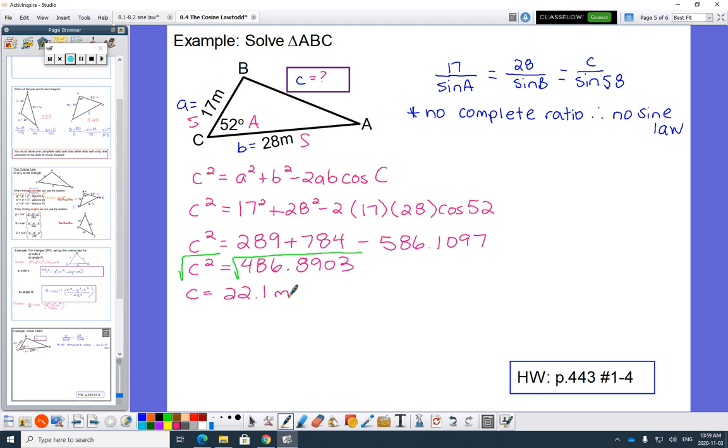Okay, so you can write it in if you want as you go along, because now technically you have a complete ratio. You have side C and angle C. But I'm not going to use the sine law here because I want to use the cosine law, okay?